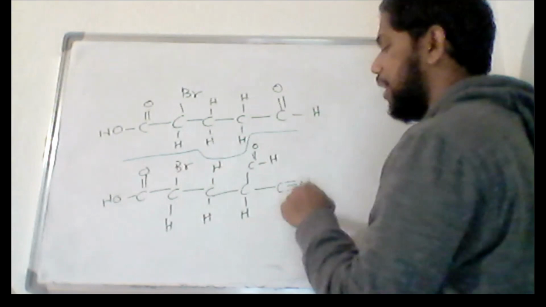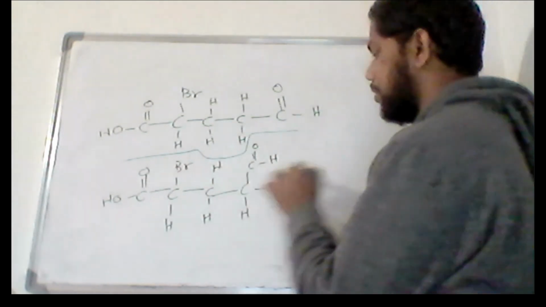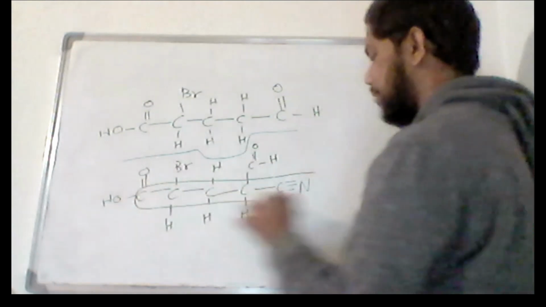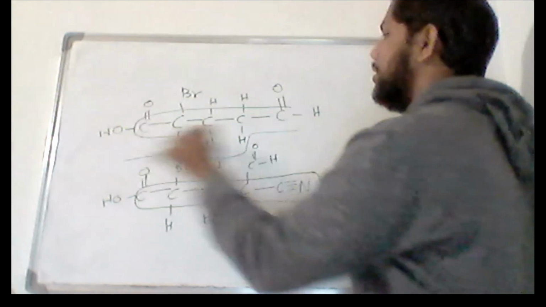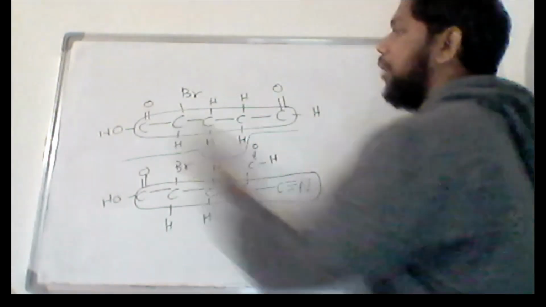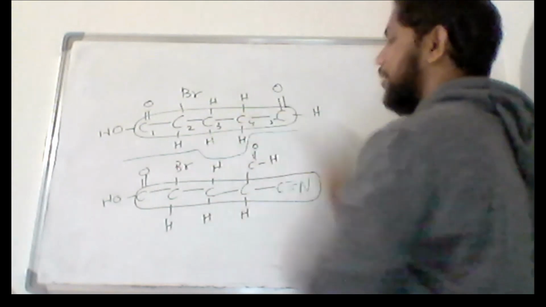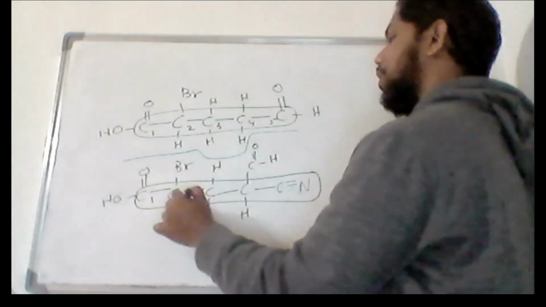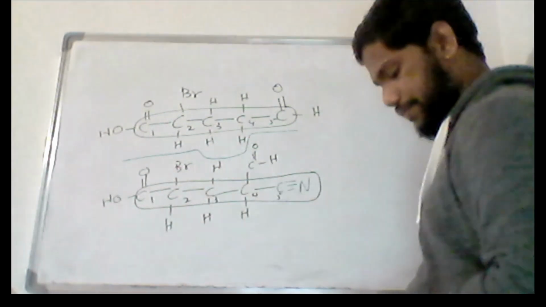Why? Because the priority for this is greater than this. So in that case, your main chain will be this. But here, your main chain will still be this. And you have to name 1, 2, 3, 4, 5. Here also 1, 2, 3, 4, 5.